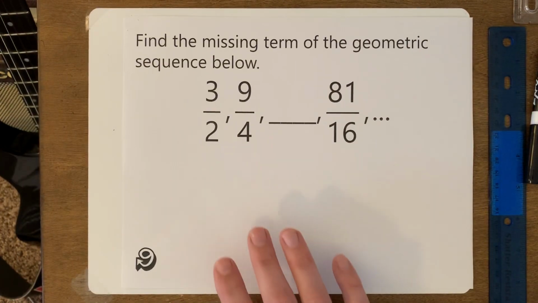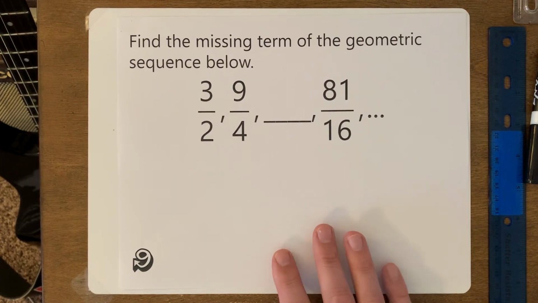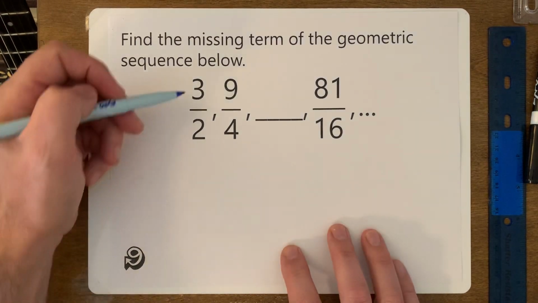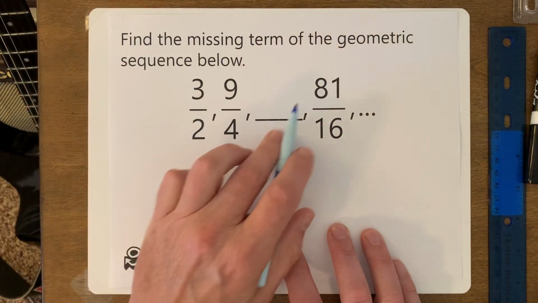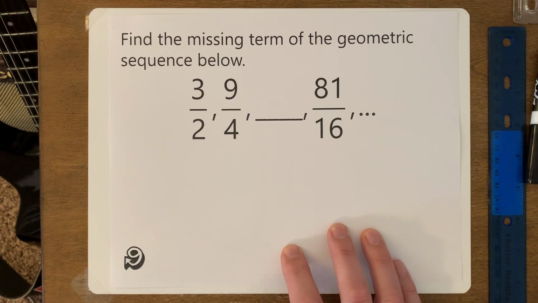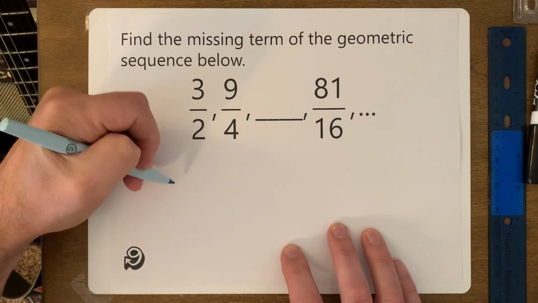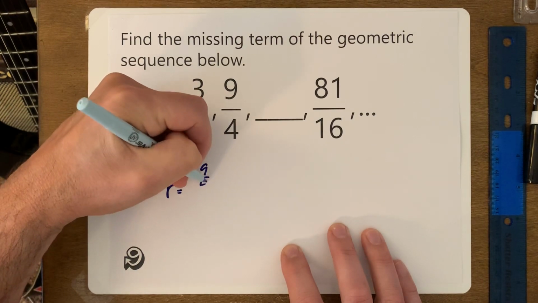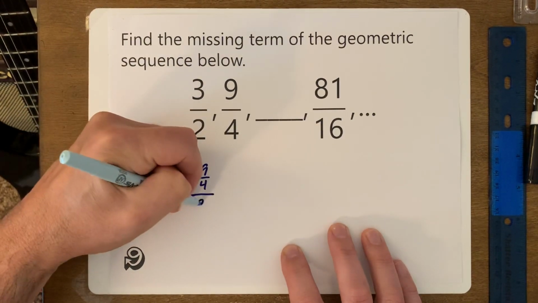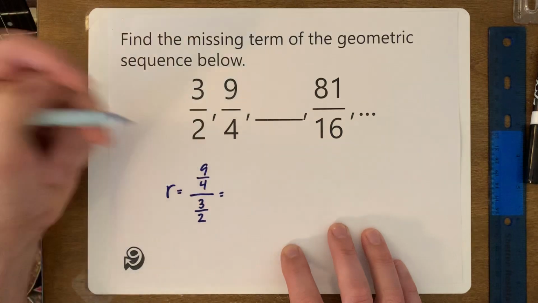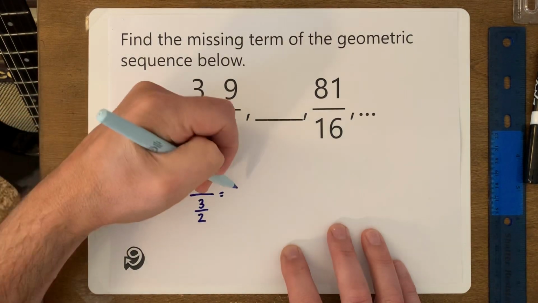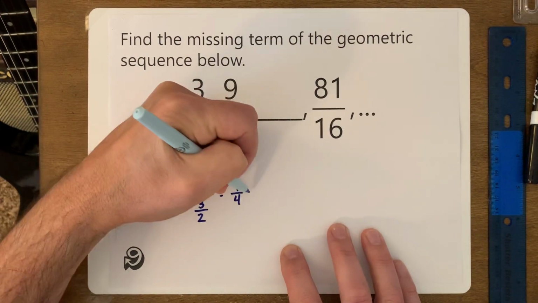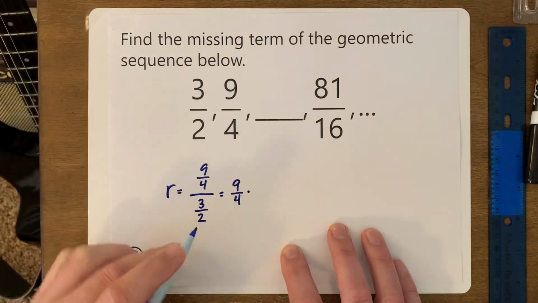Okay, we got another one here. You're going to get fractions quite a bit. So we have 3/2, 9/4, blank, 81/16. Let's go ahead and find the common ratio. And so this time we need to take 9/4 divided by 3/2. All right, so what we have here is we really have 9/4 times, and then you flip this one, right?